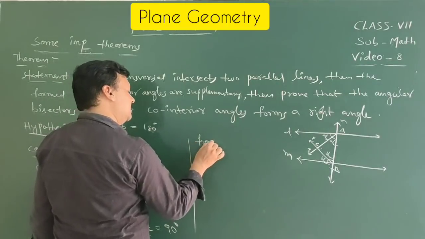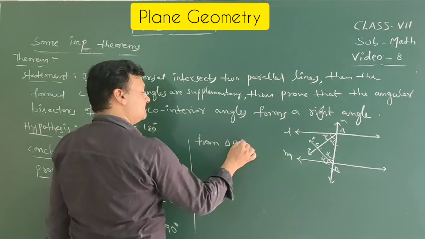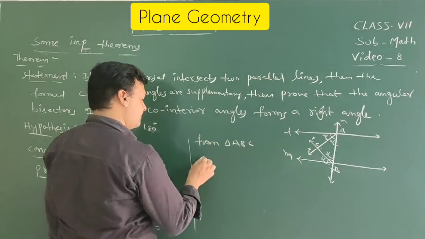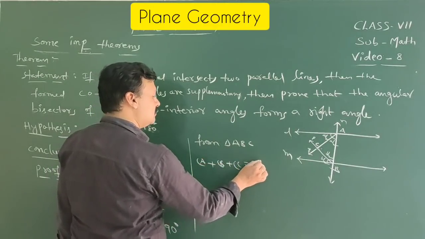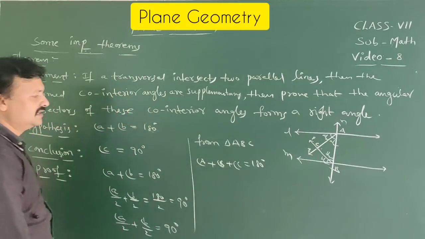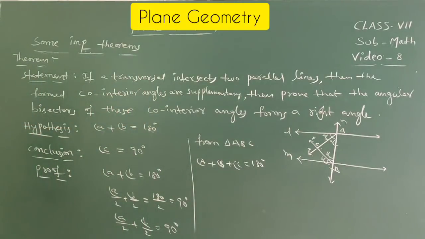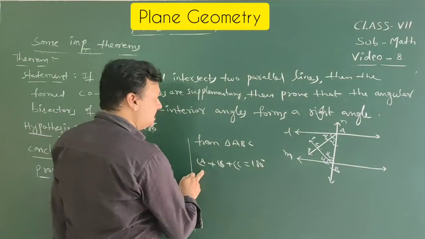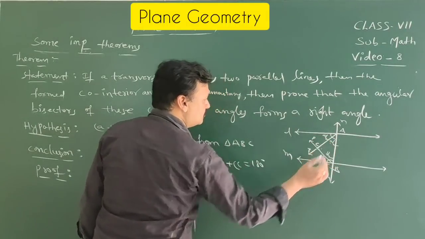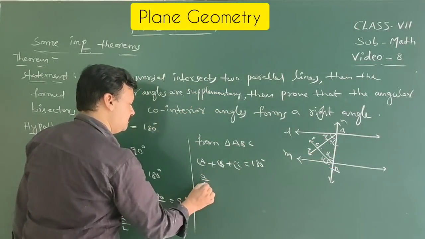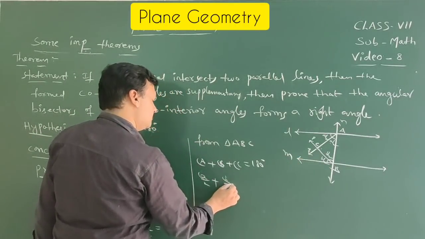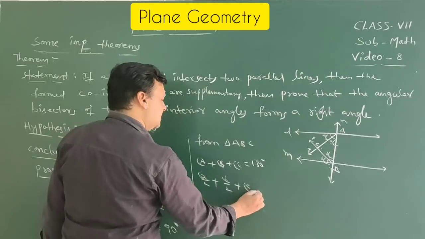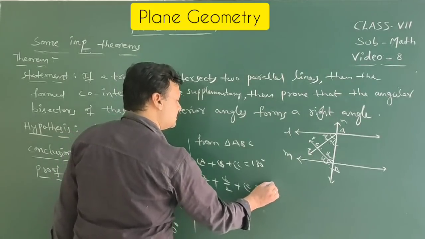From triangle ABC, angle A plus angle B plus angle C equals 180 degrees. We know the sum of the angles of a triangle measures 180 degrees. Here angle A in triangle ABC means A by 2, angle B means B by 2, plus angle C equals 180.